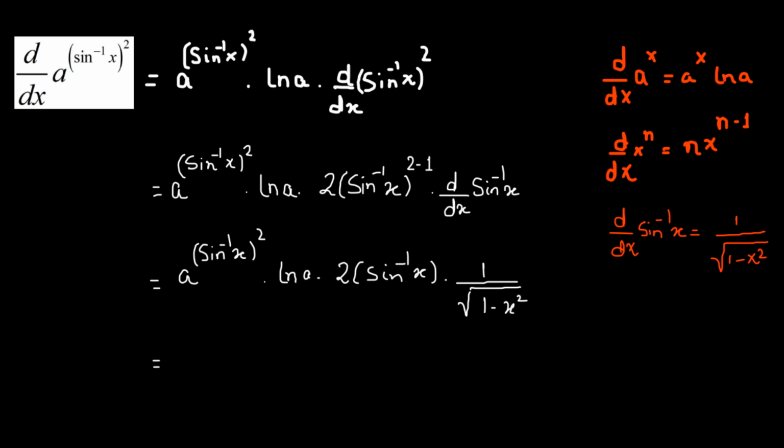So that gives us 2 log of a times sine inverse of x multiplied to a raised to the power of (sine inverse of x) whole squared divided by under root 1 minus x squared. So this is the derivative of the given function.